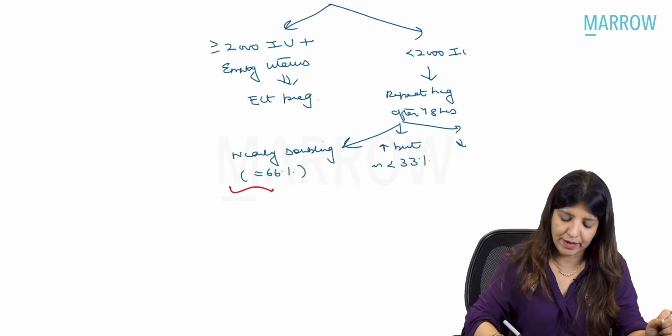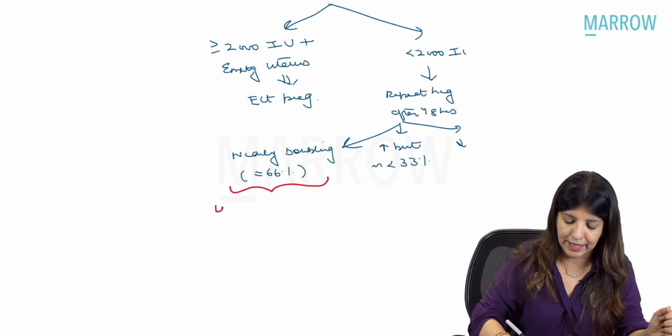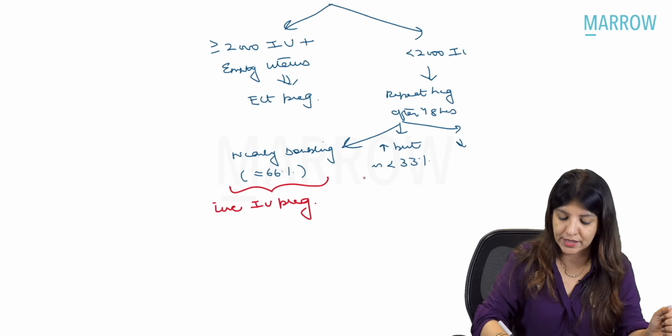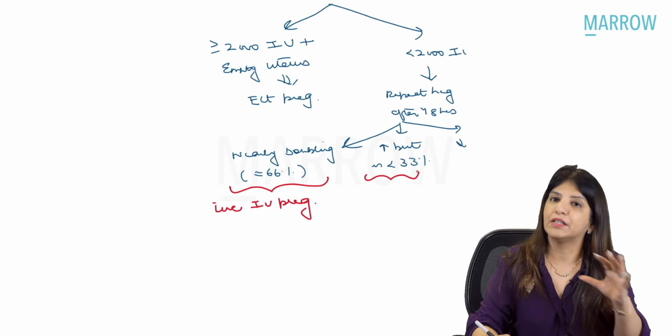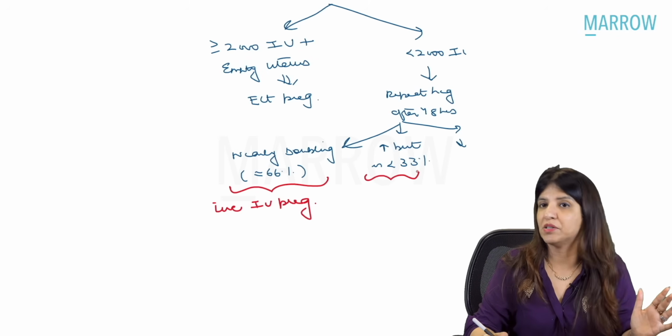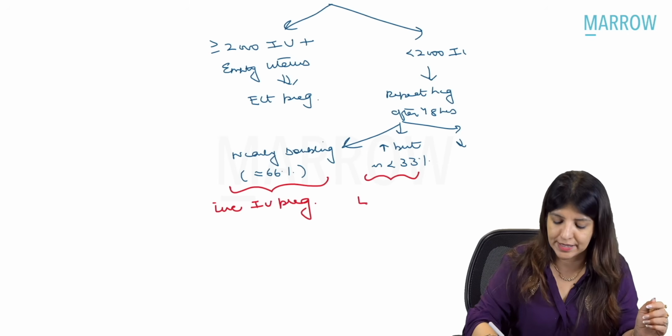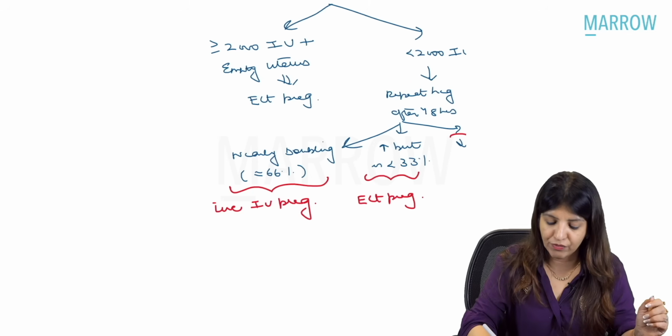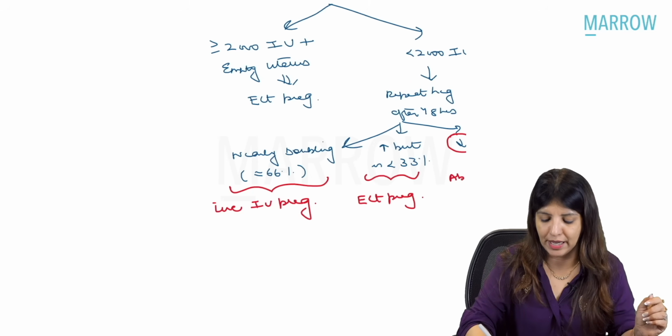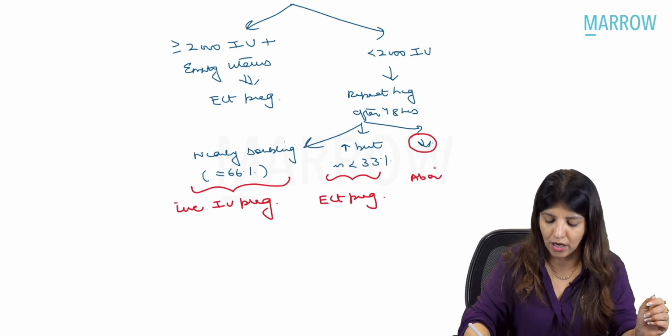Now, if the values are nearly doubling, that means you are dealing with live intrauterine pregnancy. If the values are increasing, but the increase is less than 33%, that means it's a slow rise, then that means I'm dealing with ectopic pregnancy. And if the HCG values are decreasing, that means I am dealing with abortion.